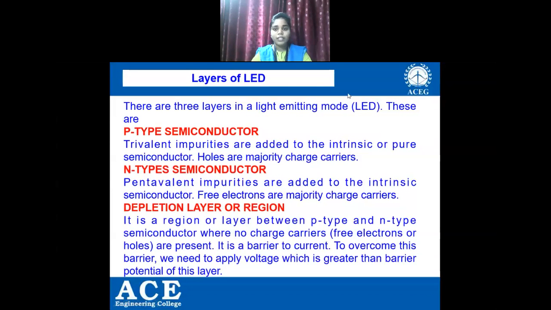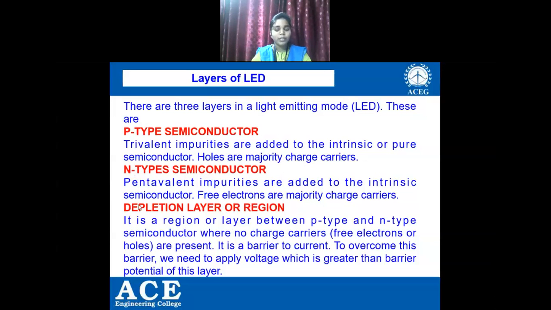Now here we can see the layers of LED. I said P-type semiconductor, N-type semiconductor, and depletion layer, right, that we can see here. Now there are 3 layers in a light emitting diode. These are: P-type semiconductor, where trivalent impurities are added to the intrinsic or pure semiconductor. Holes are majority charge carriers, just like a PN junction diode.